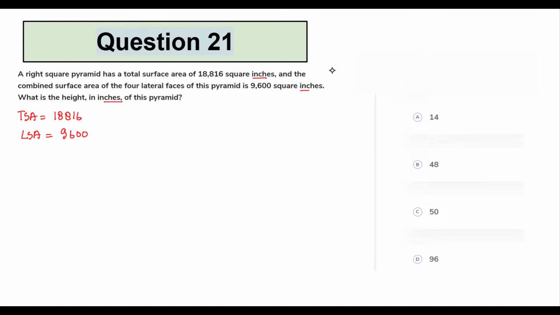Now, first of all, I will try to find something. So first of all, let's look at the right square pyramid. Let me make a small figure here. I have a square like this, and let me make the triangular faces. I guess this drawing is really bad.